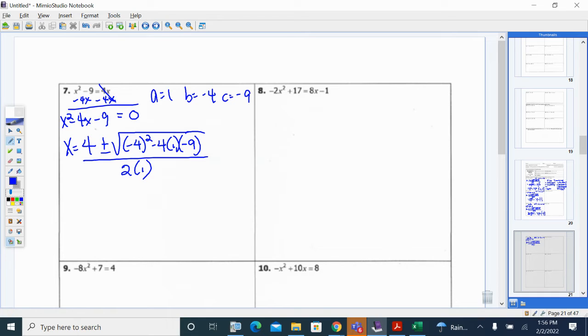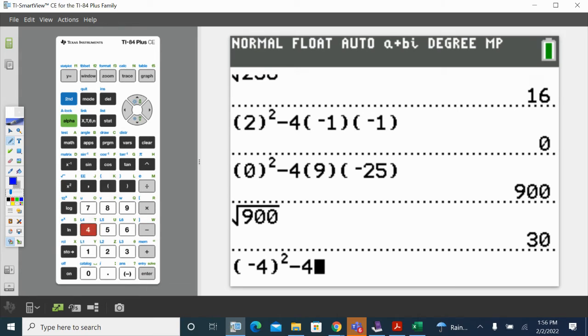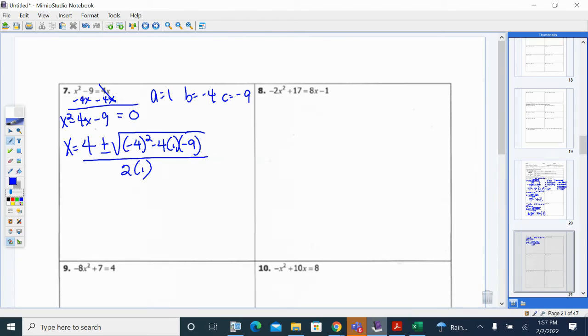So again, I'm going to calculate that discriminant, just the B squared minus 4AC part. So negative 4 squared minus 4 times 1 times negative 9. And I get a positive 52. All right, now what does that tell me?